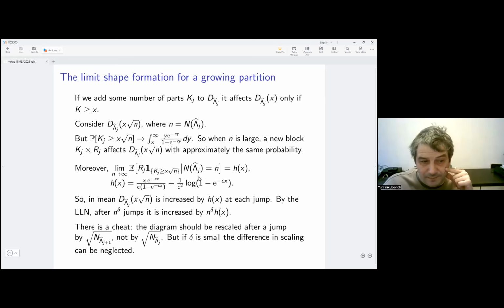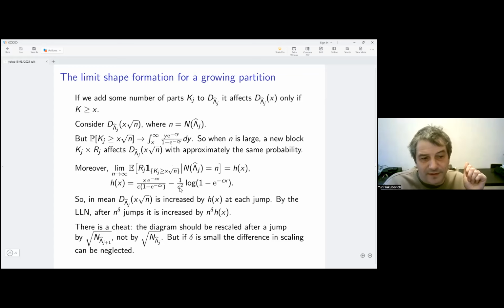I recall this function to you, and it means how the diagram is changed if the parts we have are bigger than x square root of n.